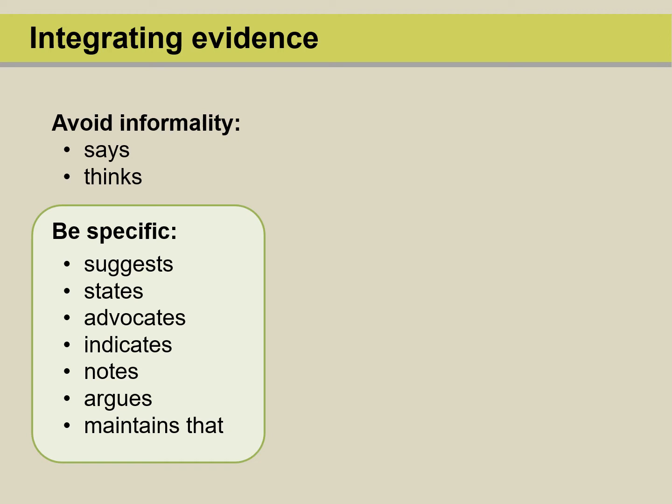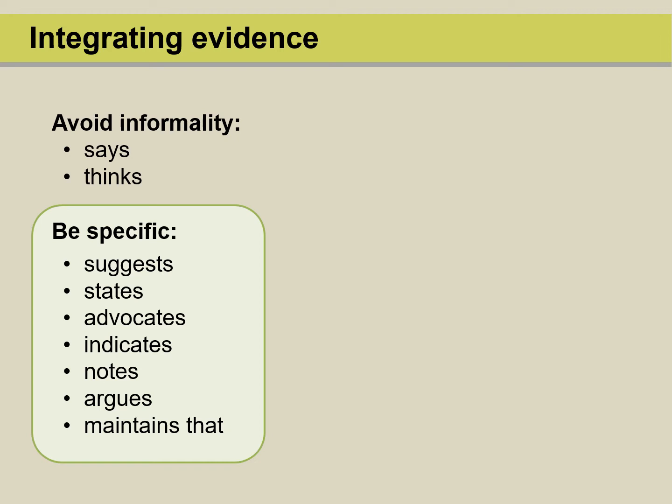By carefully choosing a word to introduce the view of another author, you can give an indication as to what you think about the strength or the quality of their work, and this helps to show your academic voice. So, for example, if you choose a word like "suggests," you're indicating that either you or the author themselves is quite cautious about the findings or what they're saying.